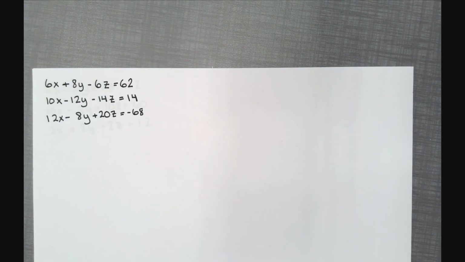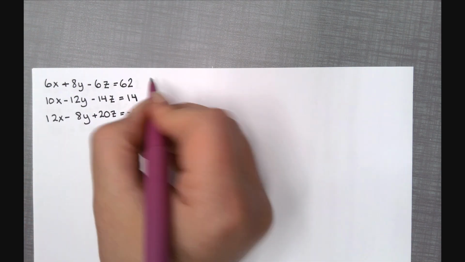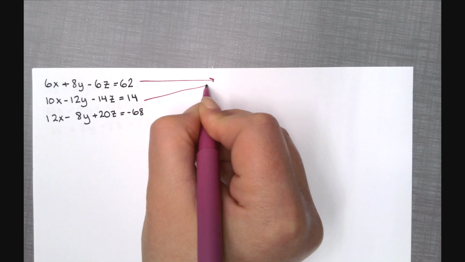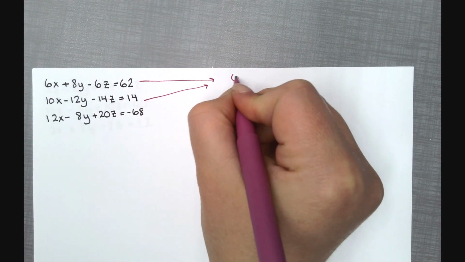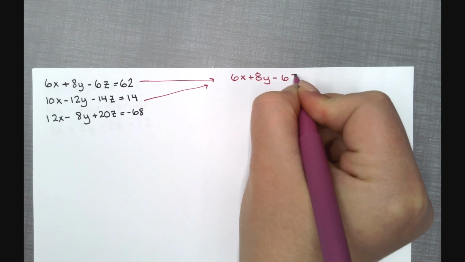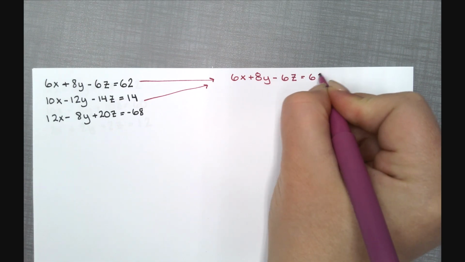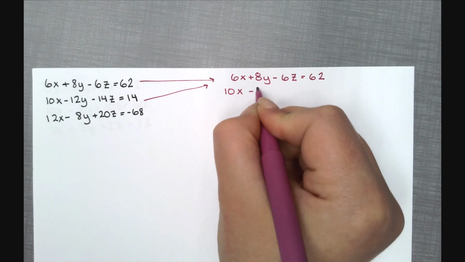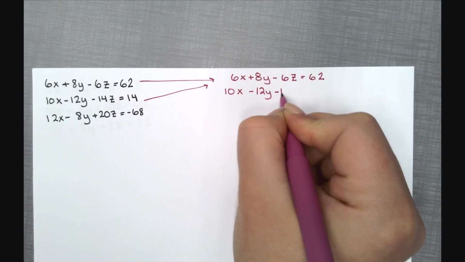Our next equations are 6x plus 8y minus 6z equals 62, which immediately I'm going to take, and 10x minus 12y minus 14z equals 14, which again I'm going to take. Writing out the top two equations, I am doing a quick little mental check and seeing that all of these are even. Maybe I can simplify, but we shall see.